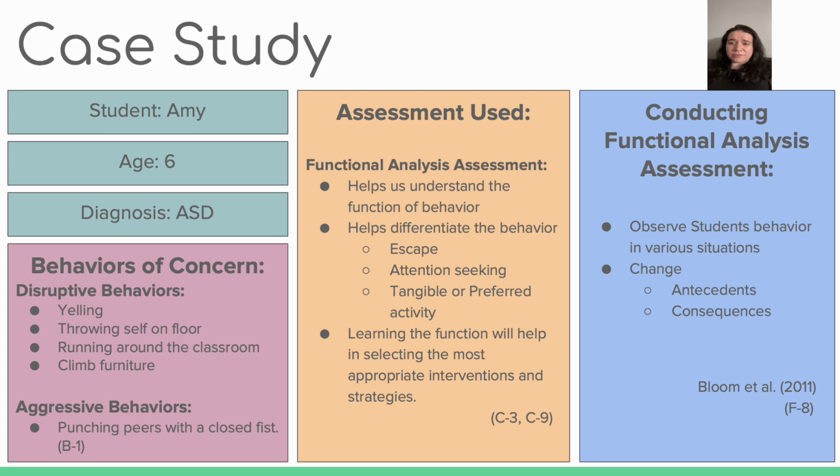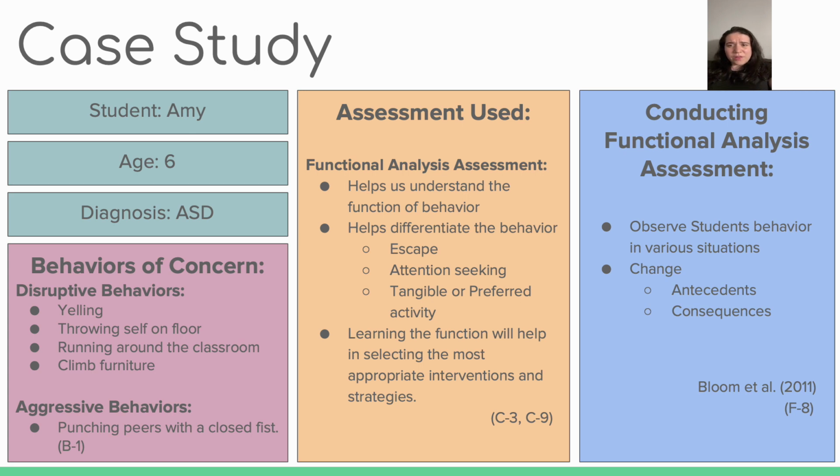To conduct a functional analysis assessment, we observe the student's behavior in various situations to determine the function behind the behavior, by changing antecedents and consequences, such as the way tasks are presented or the outcomes that follow the behaviors.